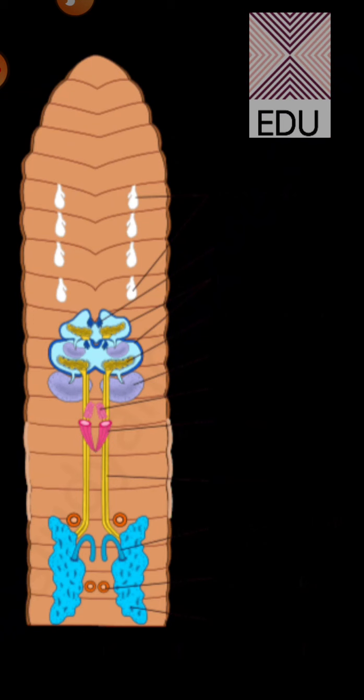Now, you may get a full-fledged question on the reproductive system, such as explain the male reproductive system of earthworm, or a question on the female reproductive system of earthworm, or a complete whole question on the reproductive system of earthworm. And if you get a whole reproductive system, then you have to take up both the male and the female reproductive systems into account.